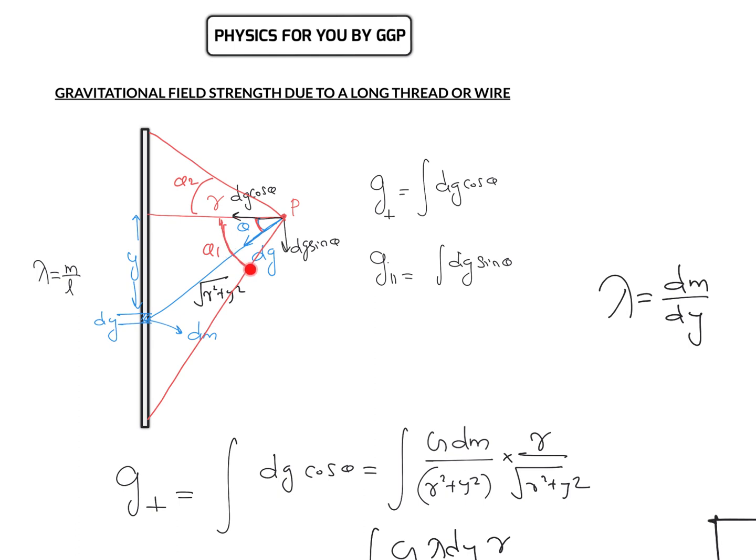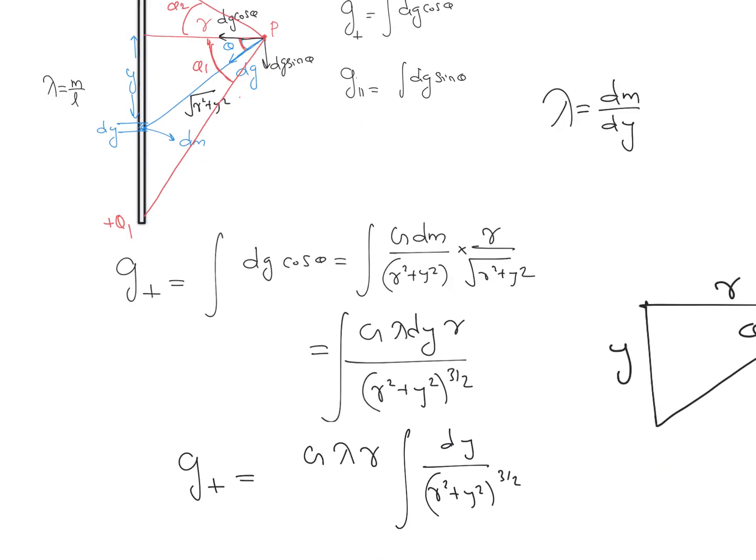So this we can take as positive, and this we can take as negative. So for this particular point the angle is going to be minus theta 2, and for this point the angle is going to be plus theta 1. So we can integrate this from minus theta 2 to plus theta 1. So we can put the limit over here.